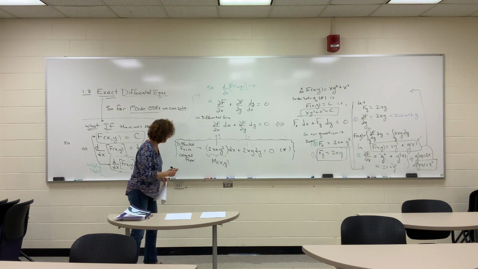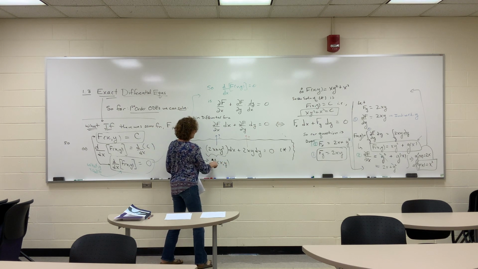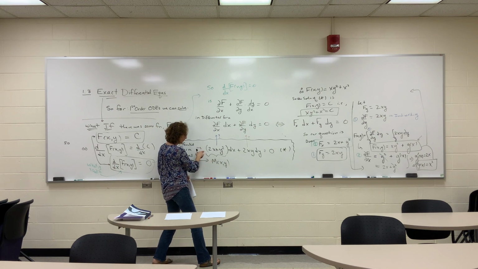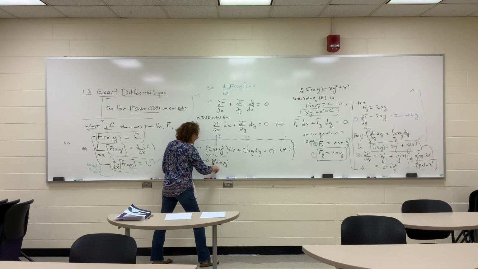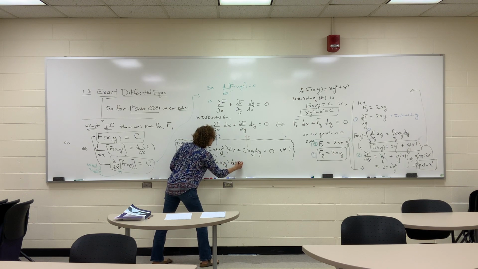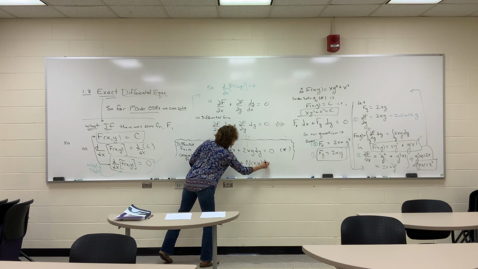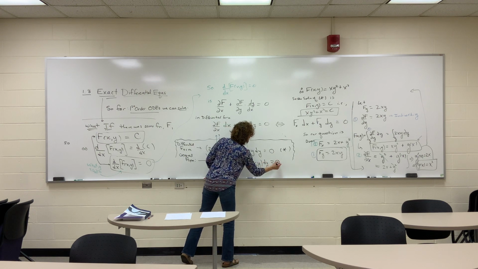That's pretty much standard. The generalization of this specific equation: some function of x and y times dx plus some other function, we'll call it n, of x and y times dy is equal to 0.